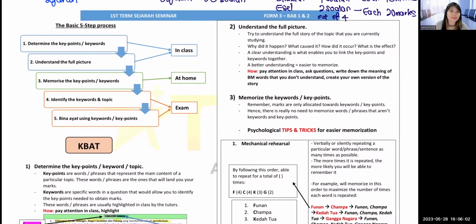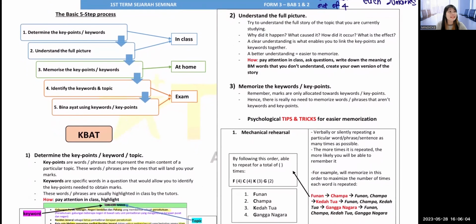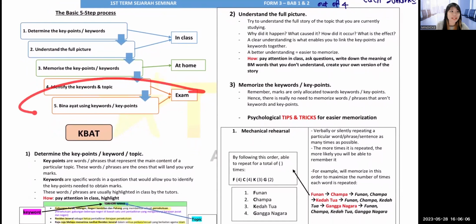Then the next step is in the exam. When you go to your exam question, you need to identify which topic the question is asking, and then you put in your keywords with bina ayat. You put in penanda wacana and kata hubung to connect.